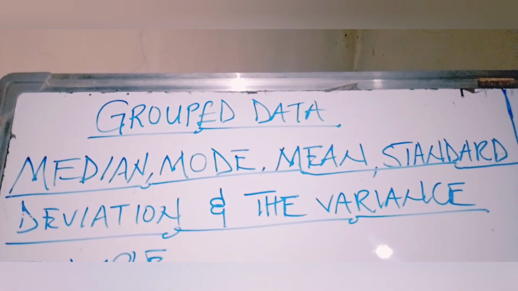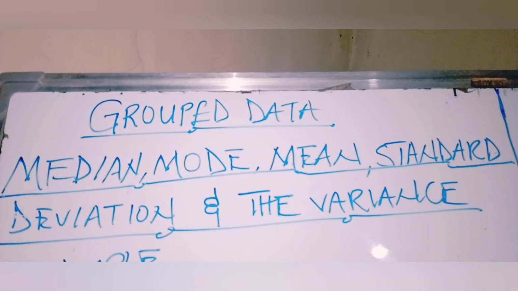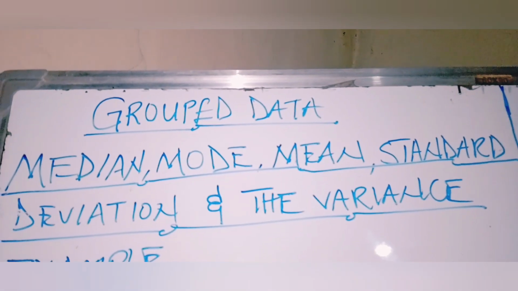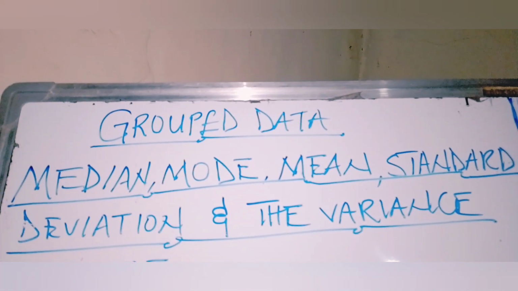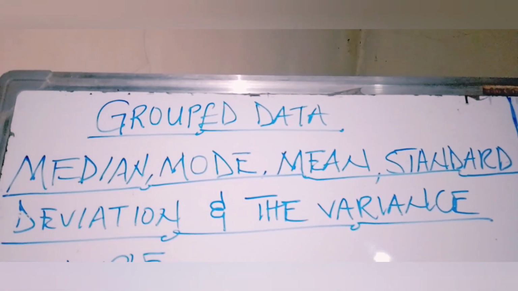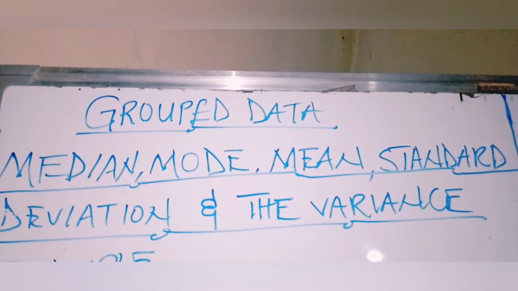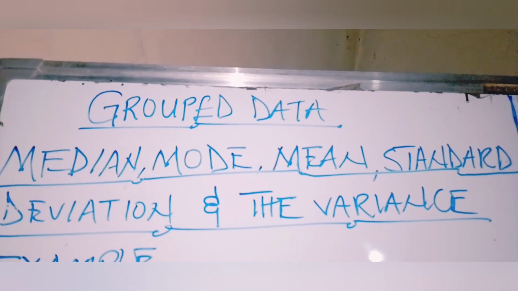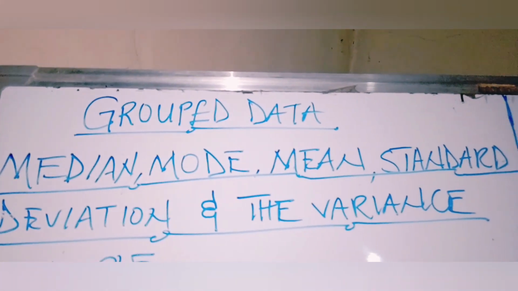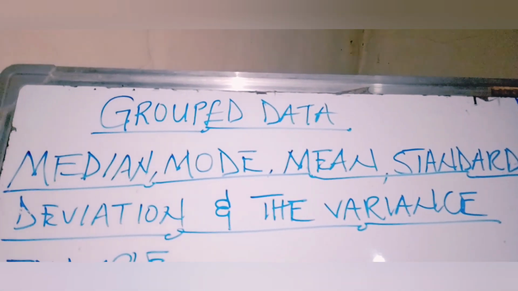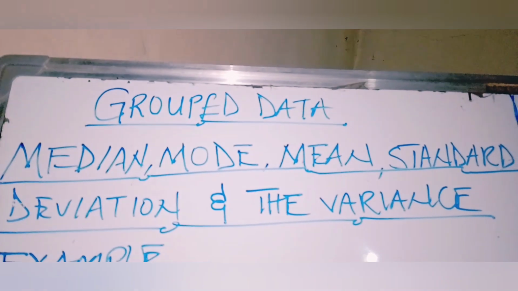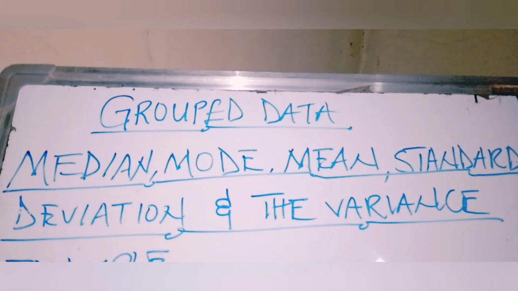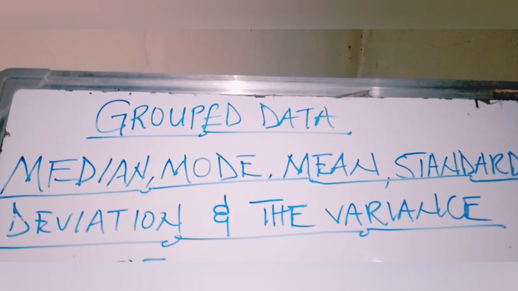We are going to solve median, mode, mean, standard deviation, and the variance. Since we know the formula for standard deviation, you know they are related to the variance in some way. If you know the variance, you can solve for standard deviation, and if you know standard deviation, you can solve for the variance. So it's simple, even under grouped data.